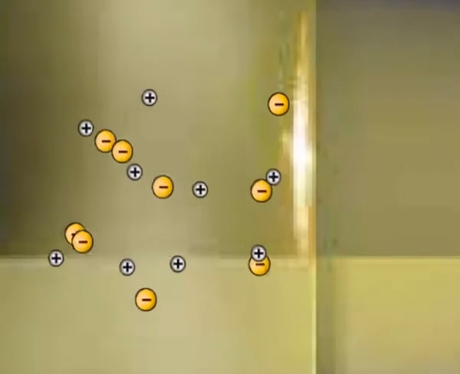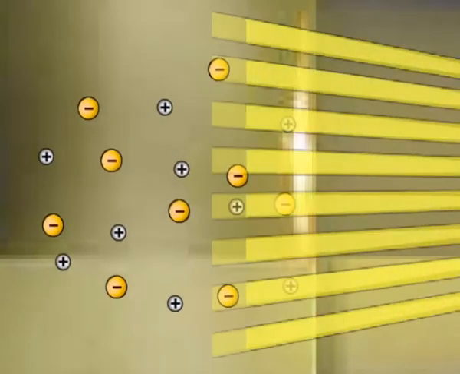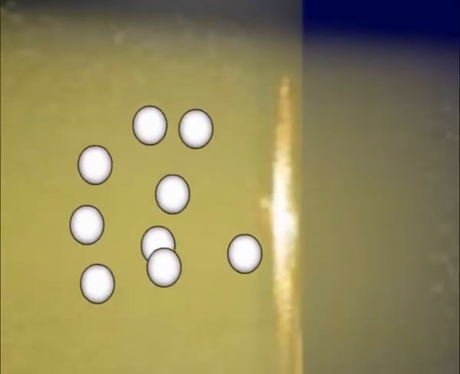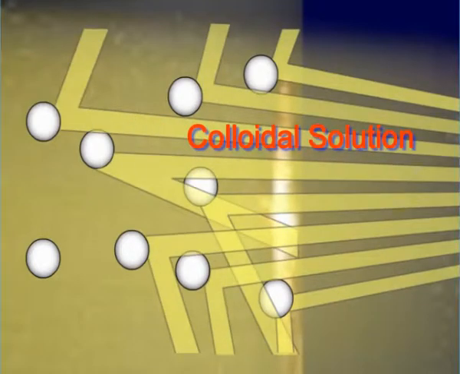Can you now tell me why the Tyndall effect is not exhibited by true solutions? Well, the answer is that the particles, that is ions or molecules present in a true solution, are too small to scatter light. Thus, the Tyndall effect can be used to distinguish a colloidal solution from a true solution.